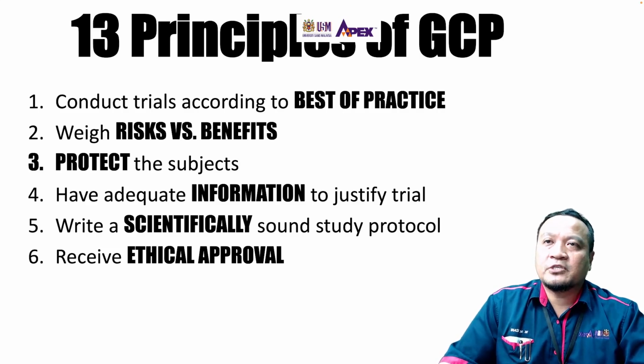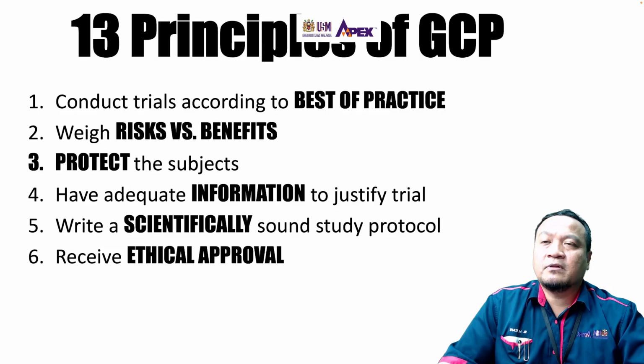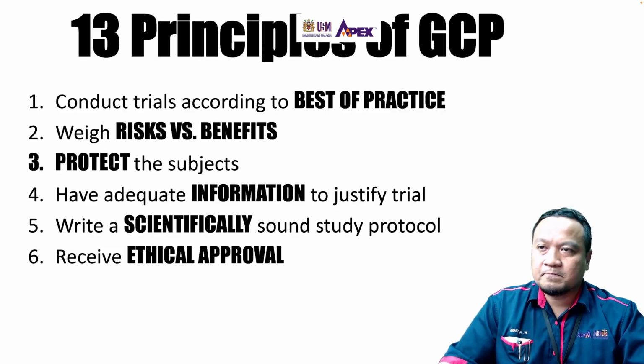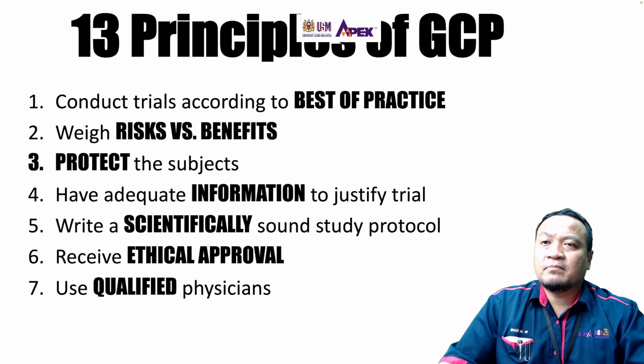Before we conduct a trial, another principle of GCP is that we must receive ethical approval. So seek ethical approval before any protocol, any study being conducted. Number 7, we must be a qualified physician or a researcher before we conduct the trial.